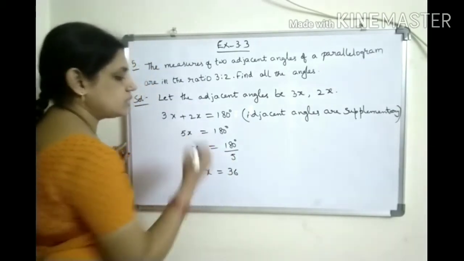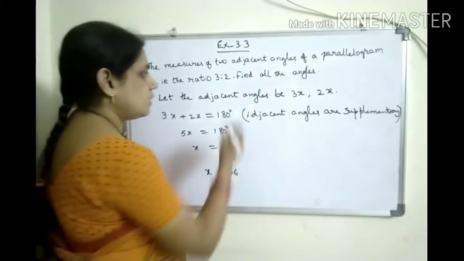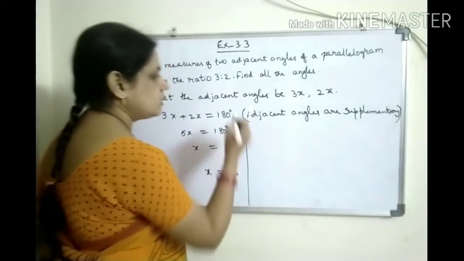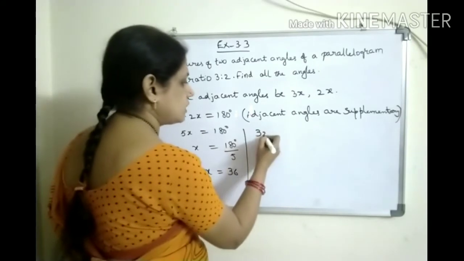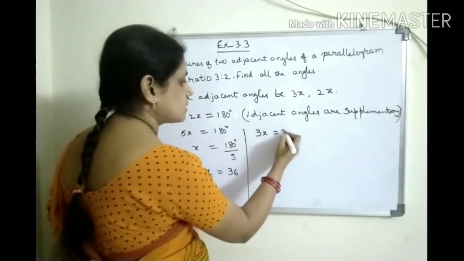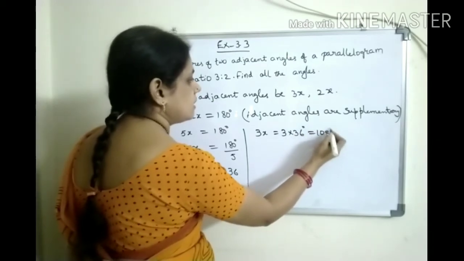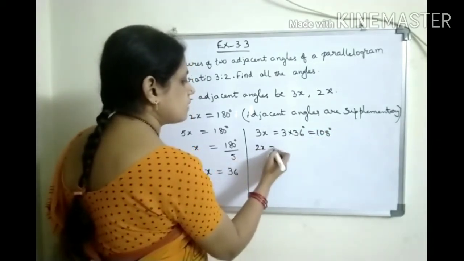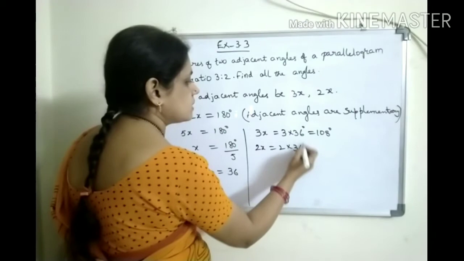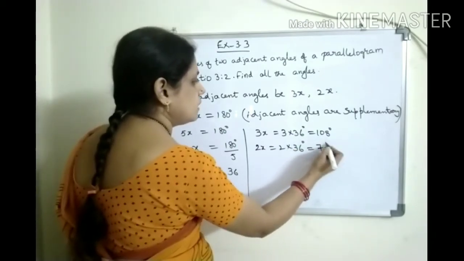Now we have to find out the two adjacent angles. 3x is 3 into 36, that is 108 degrees. 2x equal to 2 into 36, 72 degrees.